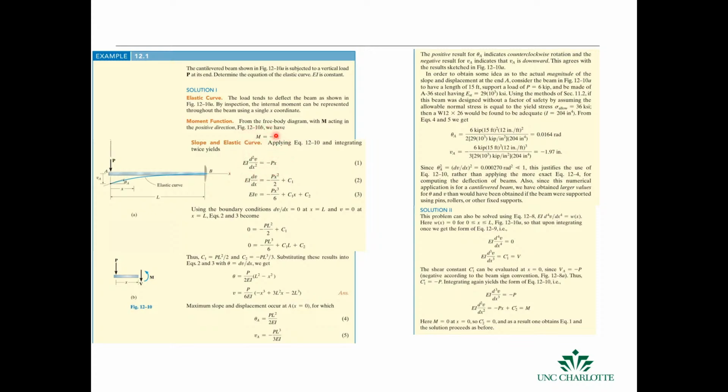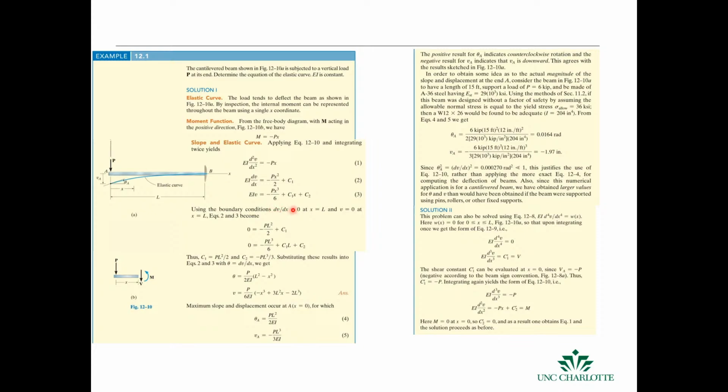Okay, so we say this is our moment, and then we can introduce these terms, which come by equating it equal to m, and then we can integrate that, and then integrate it again, and every time we integrate, we need to keep our constants of integration, and then we can use boundary conditions.